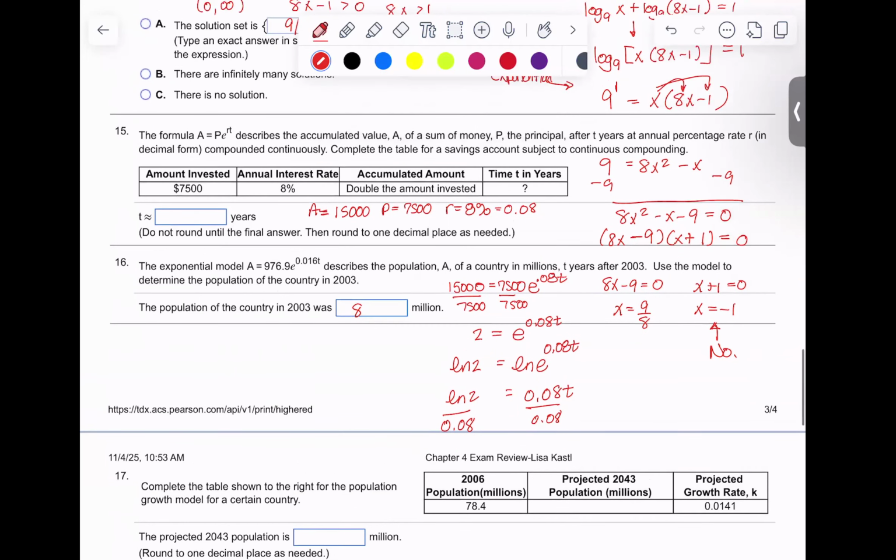Oops, 8.7. Put it in the right field. Okay, while you're sitting there listening, I'm going to take my calculator out and do this again. Oh, I'm good.